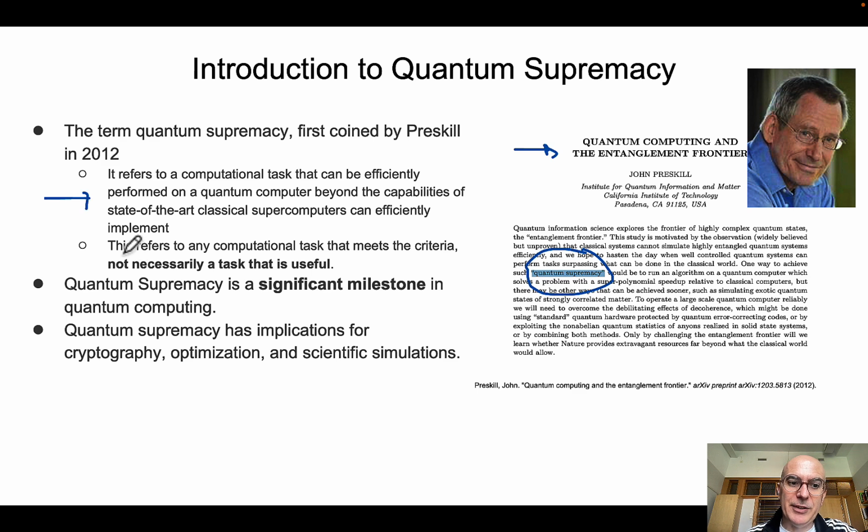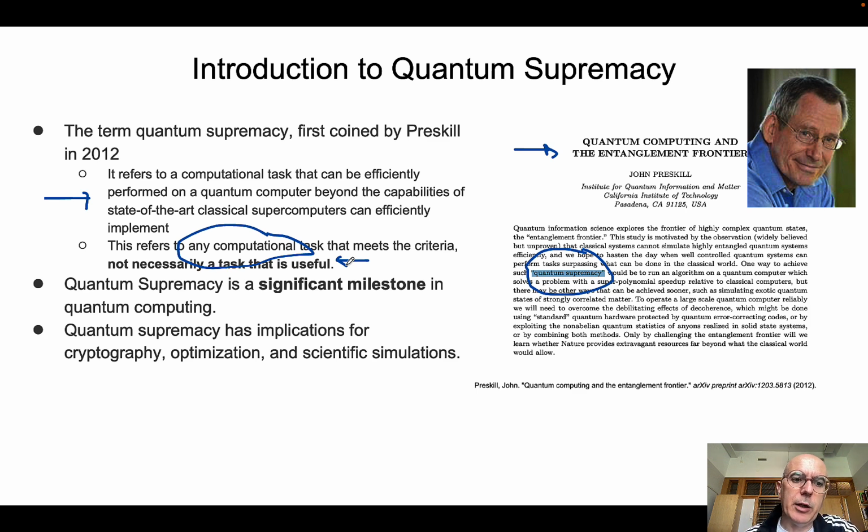Note that there is a big caveat. The task refers to any computational task that meets these criteria, not necessarily a useful one. That's an important point. It could be a benchmark, not necessarily something targeting a specific application.